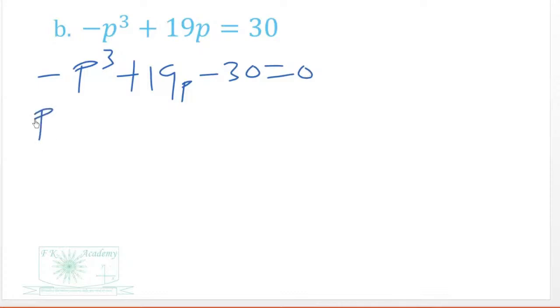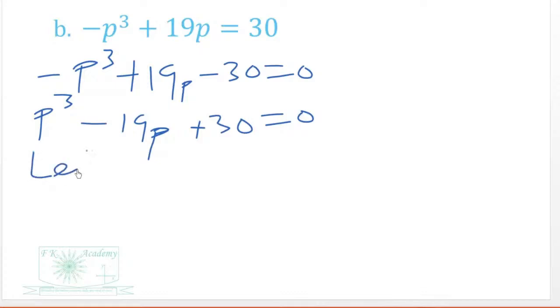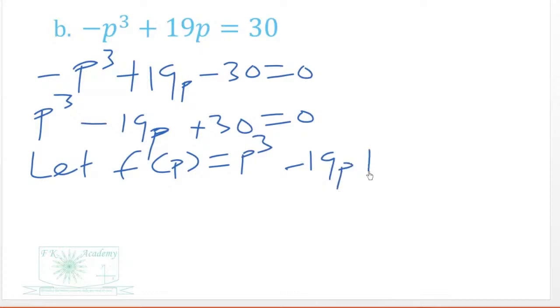We can choose to multiply through by -1. So we try the factors of 30. So we let f of p to be equal to p cubed minus 19p plus 30.